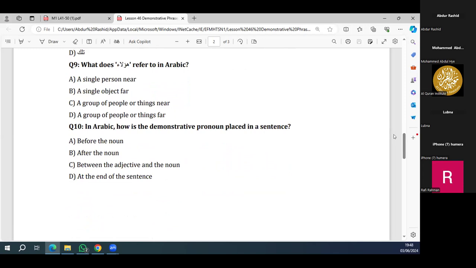Okay, next. Question number 9: what does haulai refer to in Arabic? A single person near, a single object far, a group of people or things near, a group of people or things far. Very easy answer. Chat box, please.